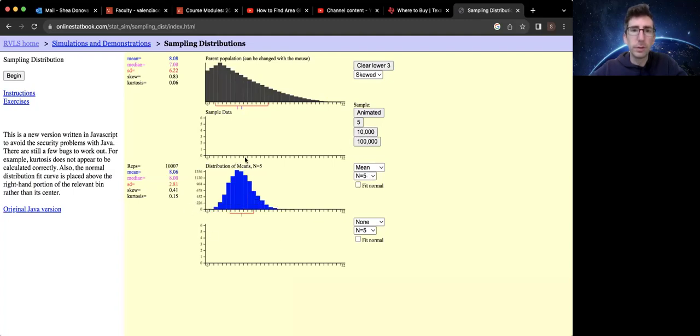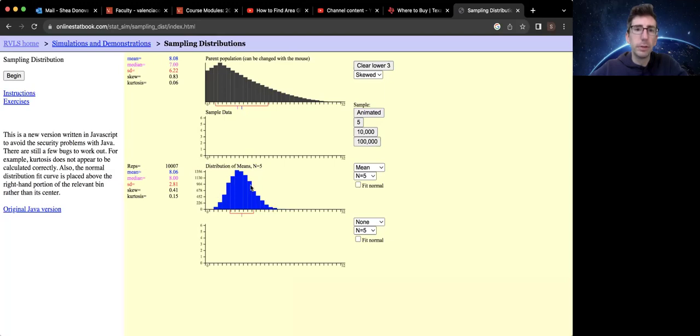So we've done this 10,000 times, and you can see how normally distributed it looks. It's not perfect, but it's pretty darn close to normal. And we can see the mean of our sampling distribution. These are all sample means that came from our parent population, our starting population.